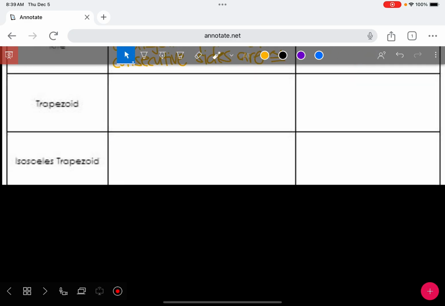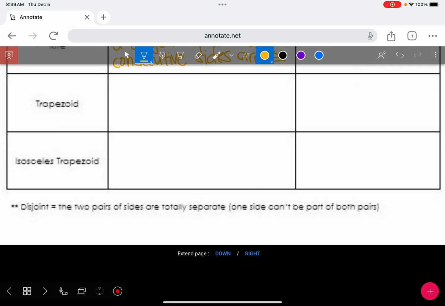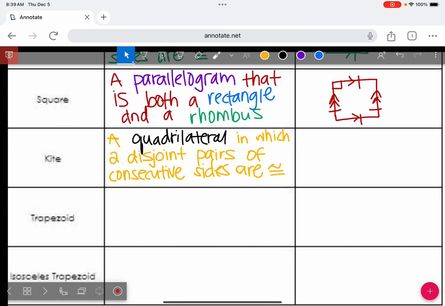At the bottom of this page, it tells you what disjoint means. So disjoint means that the 2 pairs of sides are totally separate. One side cannot be part of both pairs. So I'm going to further explain it in this diagram.